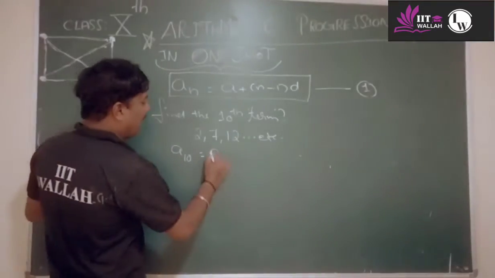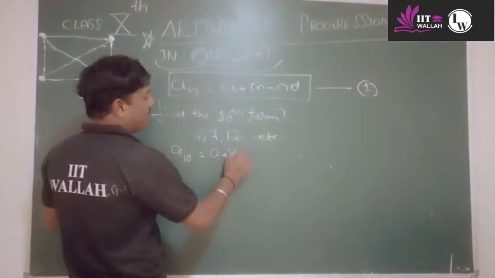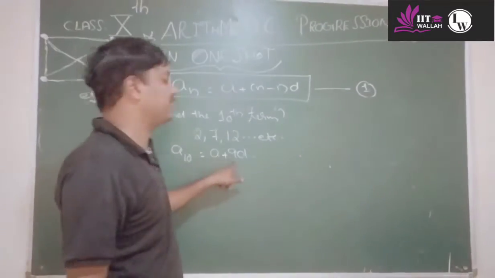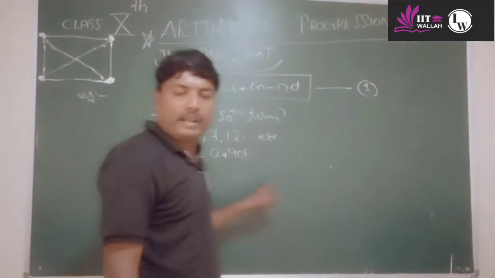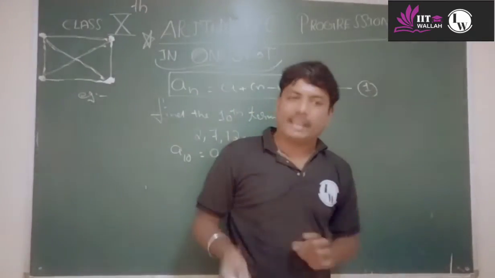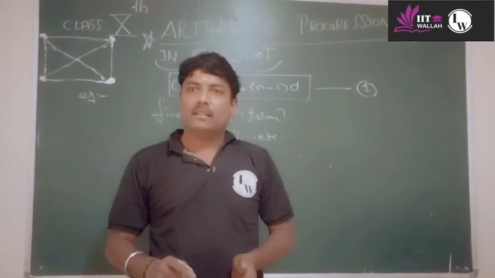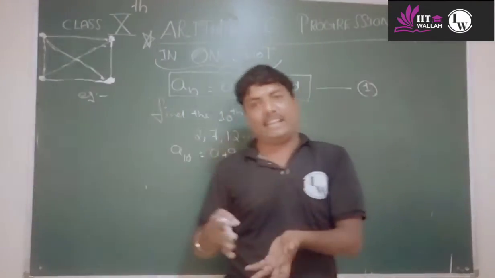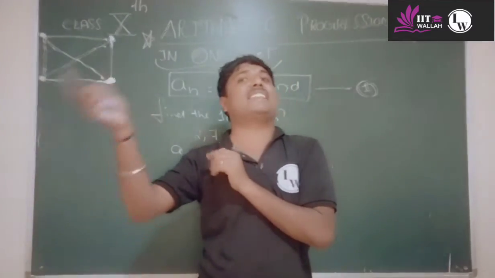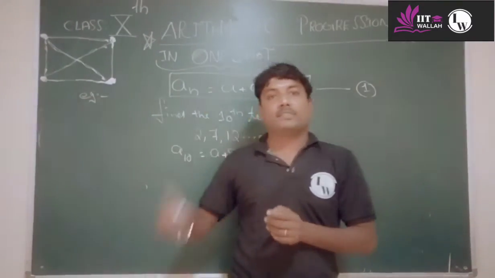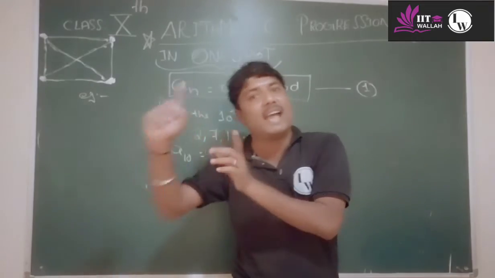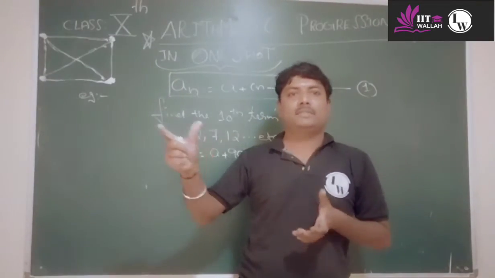So this is a plus 10 minus 1 into d, which is 9. See, if it is 10, it is 9 here. The 10th term is a plus 9d, the second term is a plus d, the 5th term is a plus 4d, the 100th term is a plus 99d. So the nth term is a plus n minus 1 into d.